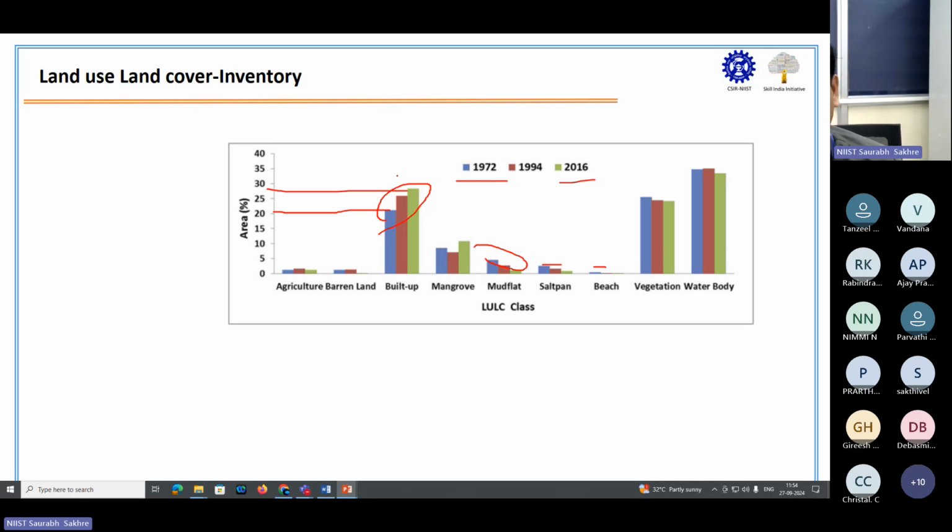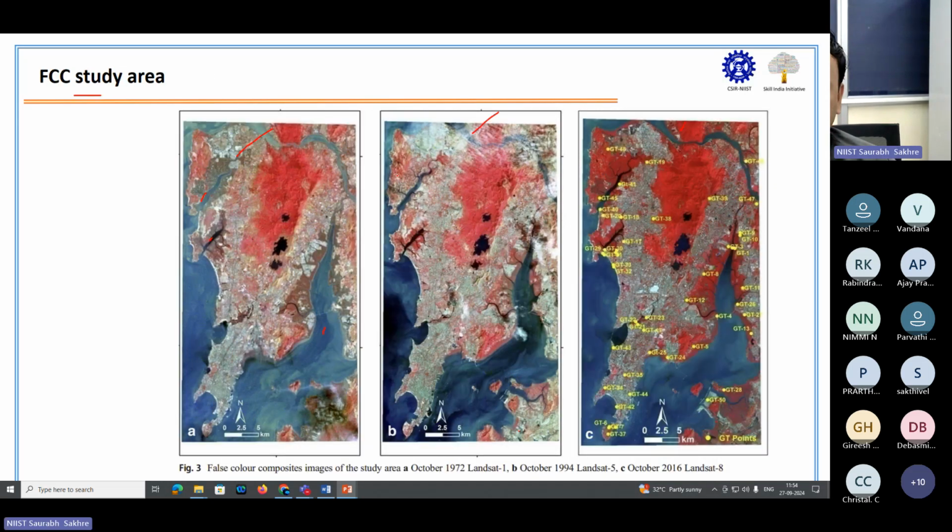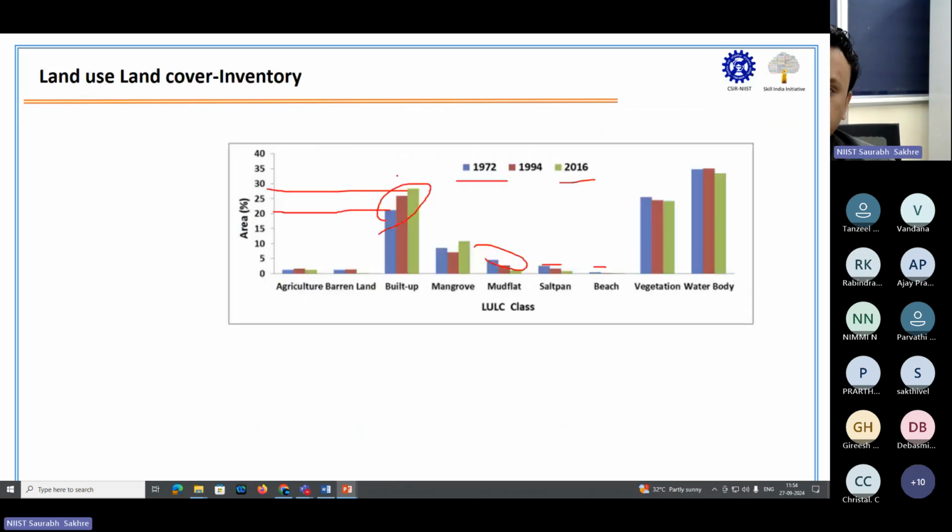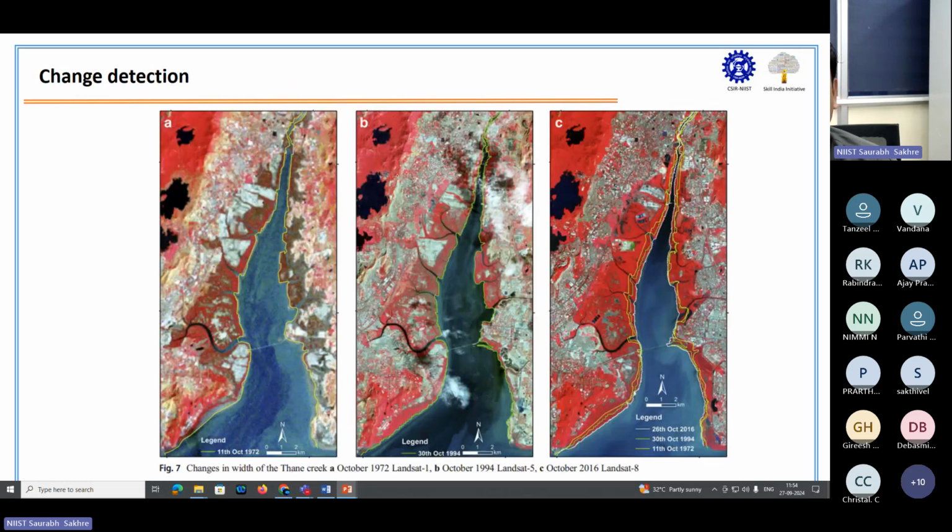Now with these three things, FCC, land use land cover, and inventory, we have tried to see the change in the shoreline. Yesterday also I showed you one case study in which we divided the whole beach length into 1 kilometer by 1 kilometer snippets, and in each square box we tried to see whether there is accretion or erosion.